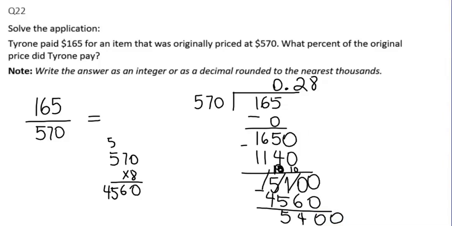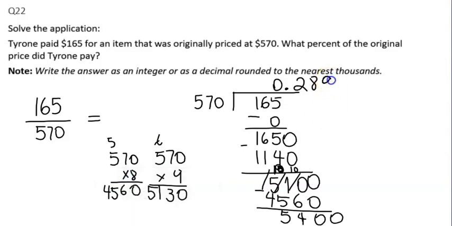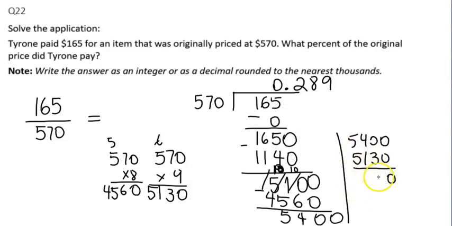What number goes there? Do you think that 9 might? Okay, let's try. 570 times 9. 0, 63. 45 plus 6, 51. Yeah, go. 9 here. Now I'm going to do my subtraction here. 5400 minus 5130. 0, borrow, becomes 7.